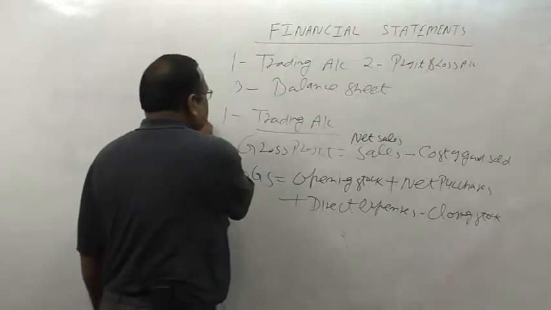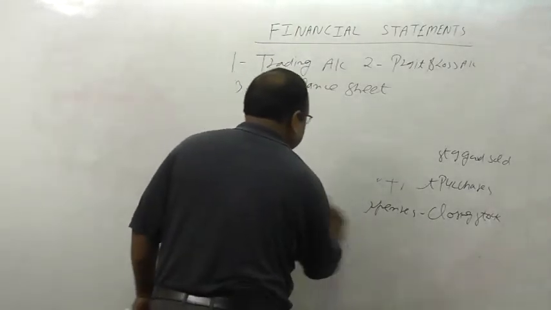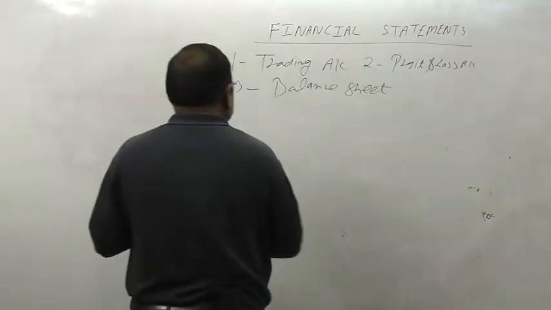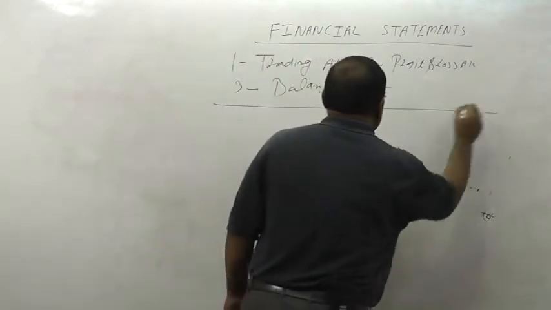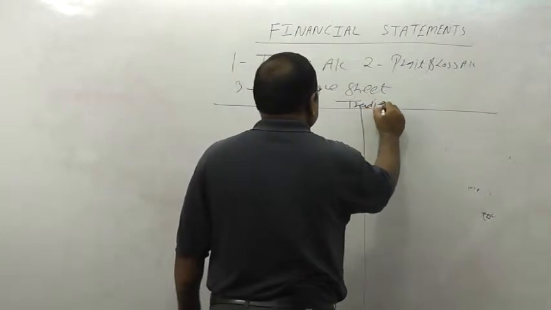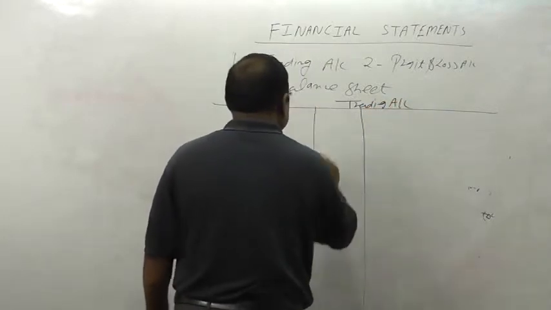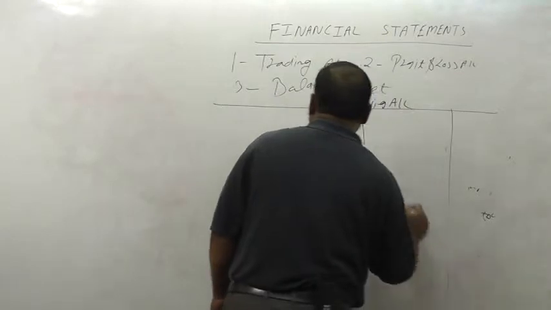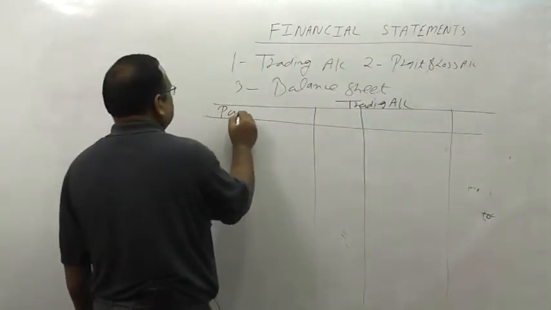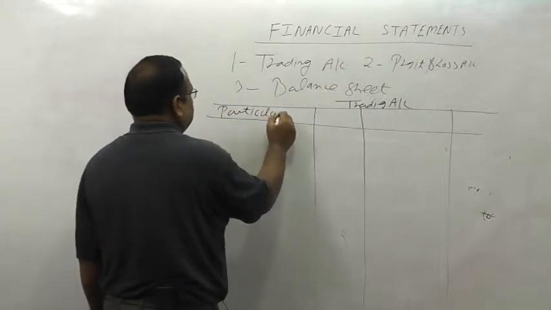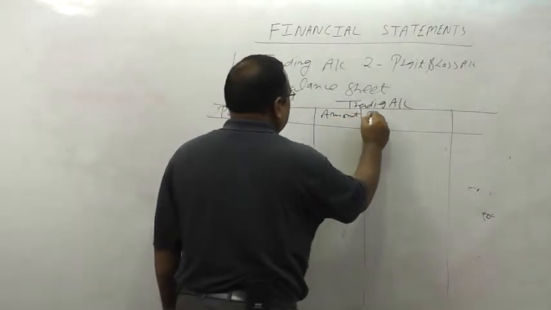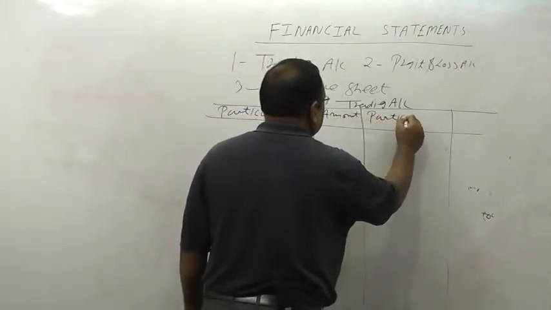And the format of the trading account is in this manner. The format of trading account: particulars and amount in rupees on one side, particulars and amount on the other.